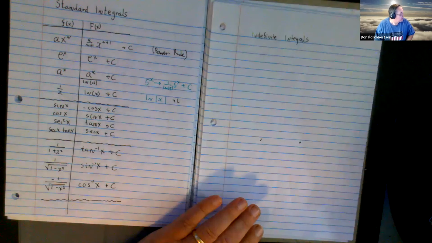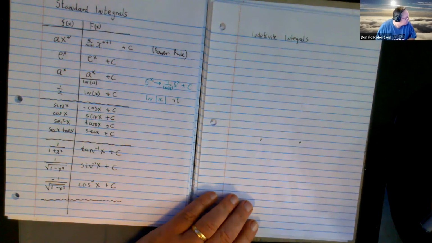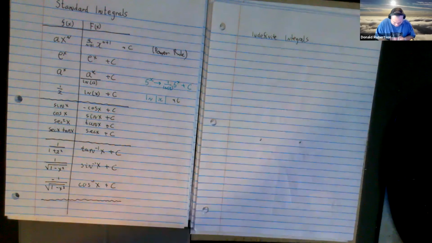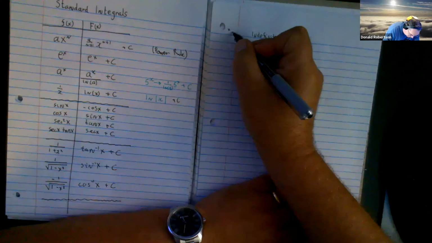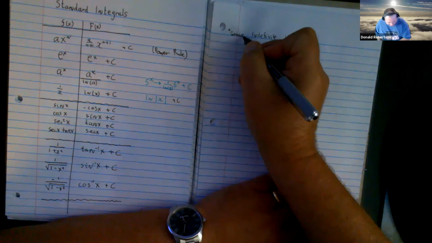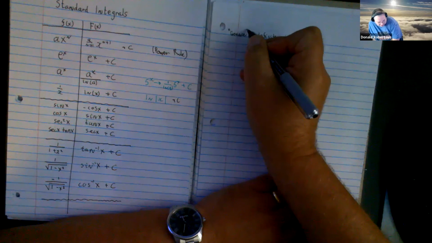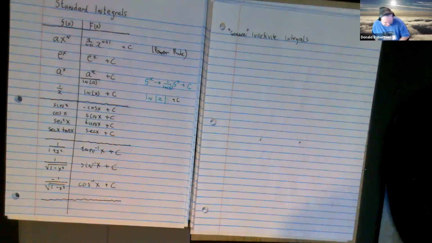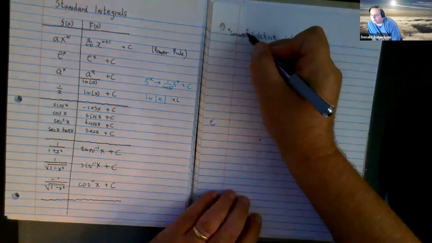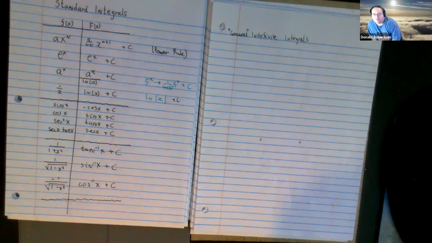Sometimes, but very few people do this, they stick the word general in front of it. So indefinite integrals, general indefinite integrals. Although I think it's highly unlikely, you might even get them called general integrals if somebody's being lazy. I call them indefinite integrals. Indefinite integrals are the ones that don't have numbers, they have plus c.